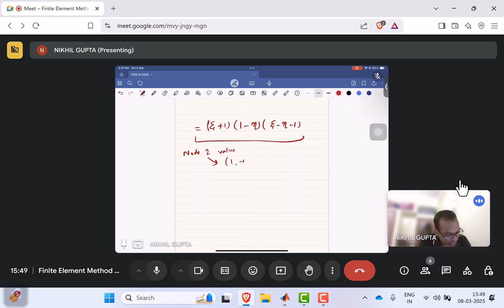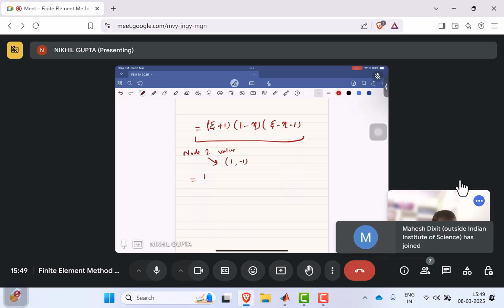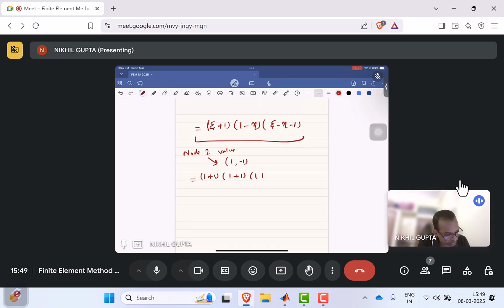1 and minus 1. So when you put it, you will get 1 plus 1, then 1, that minus 1, it will come 1, then it will be 1 plus 1 and minus 1. So when you solve it, you will get 4. So you have to normalize it so that at n2 this equation will give you 1.